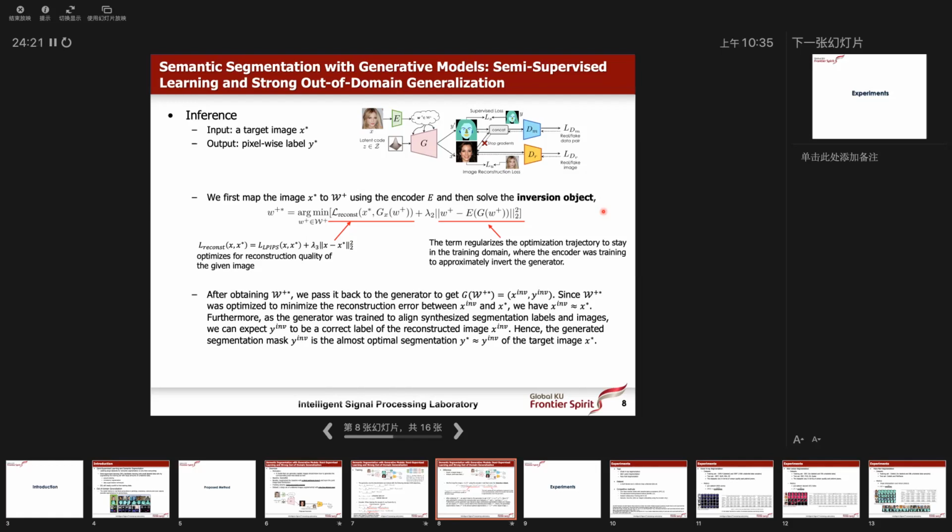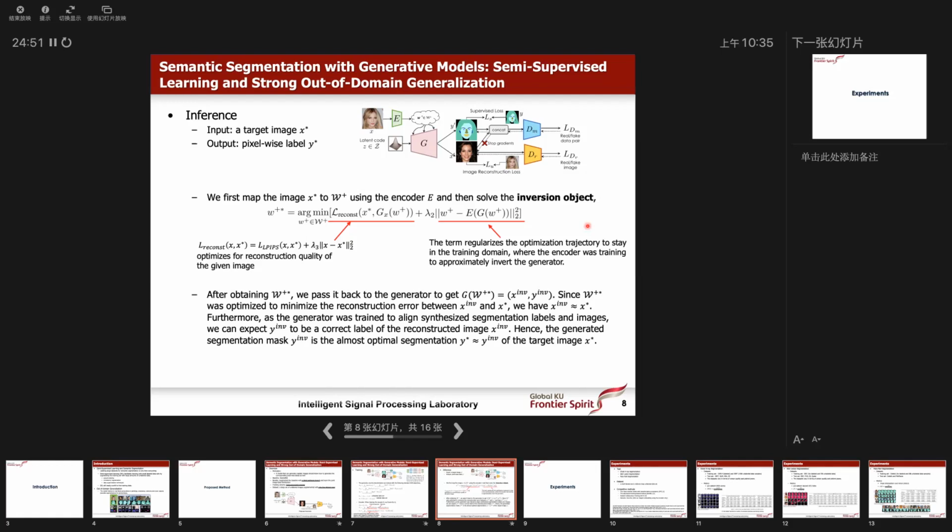X star, okay, so that's the target image, but what do you mean by target image here? Because this is a StyleGAN, so is there a target image you can actually have? Actually, I think the X star represents the test image. Test image. Yeah, I mean, that's what I'm wondering, because for StyleGAN, is there an input target pair?